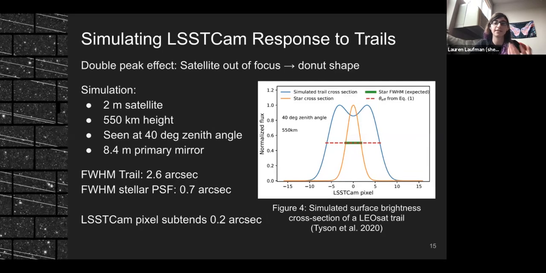You've completely obliterated it. Right here on the right is showing the same thing, but more clearly: the width of your simulated trail cross section is so much wider than your star's cross section itself. Yeah, so that's frustrating.